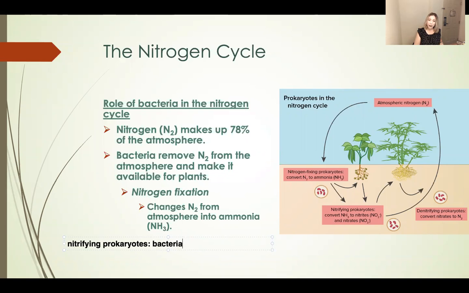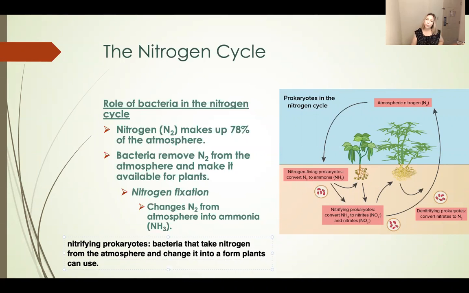That refers to bacteria that take nitrogen from the atmosphere and change it into a form plants can use, which is pretty much what it says on my slide, but just to make sure you understand the terms. Nitrifying prokaryotes just refers to bacteria that do nitrogen fixation.